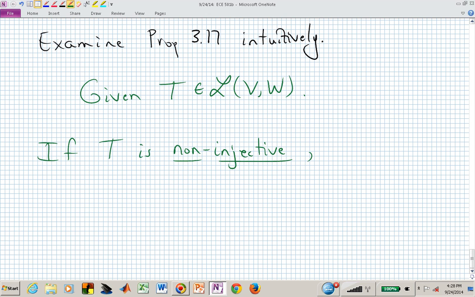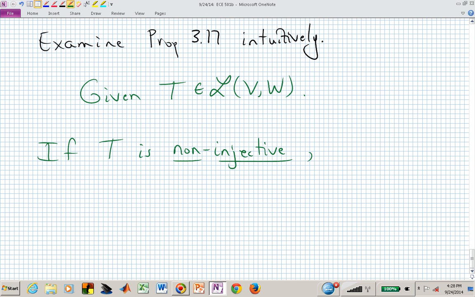What does that mean if a map is non-injective? It's not 1-to-1. It has a non-trivial null space, doesn't it? So now we could find vectors that actually map to the 0 vector, and we could add that vector to any other vector and produce a third vector, which if we operated on it with that linear map, would go to the same spot as another vector.